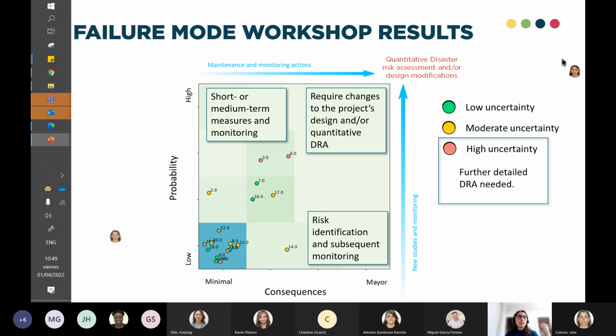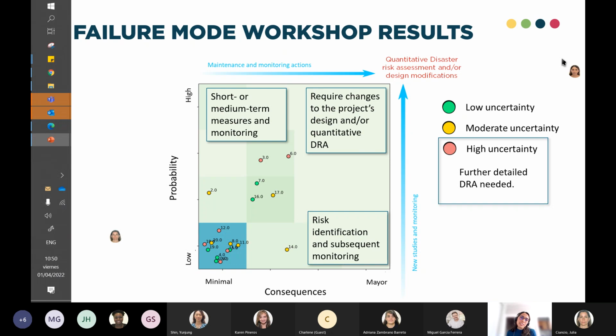For example, you are evaluating the early warning system, but you don't know exactly how it is working, if it's already implemented, if the results are calibrated, and if the warnings are well communicated.